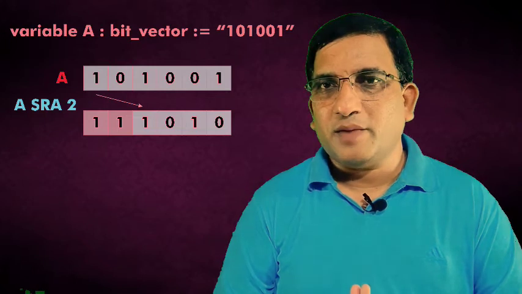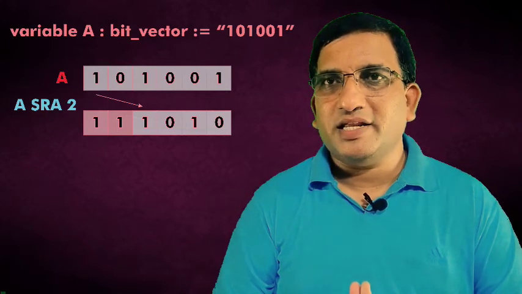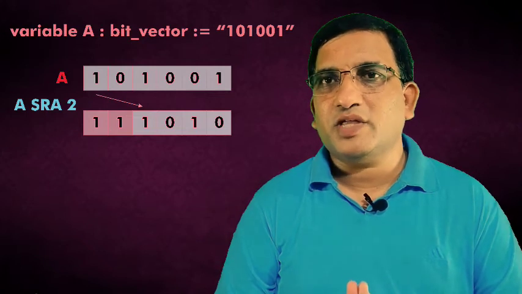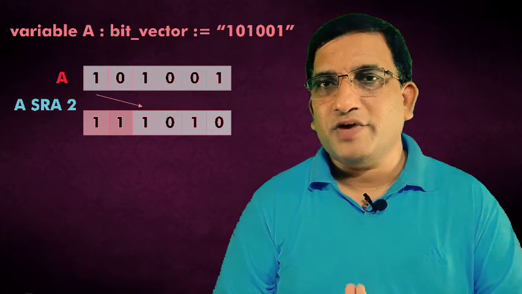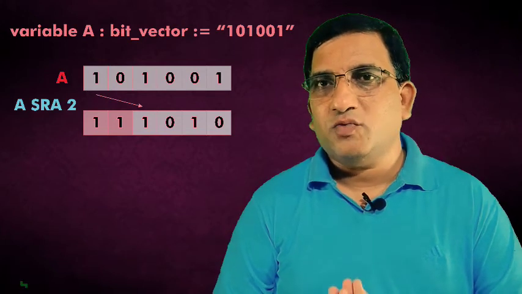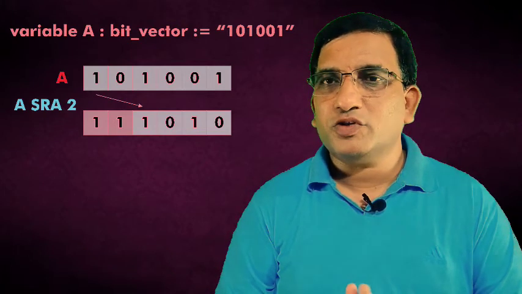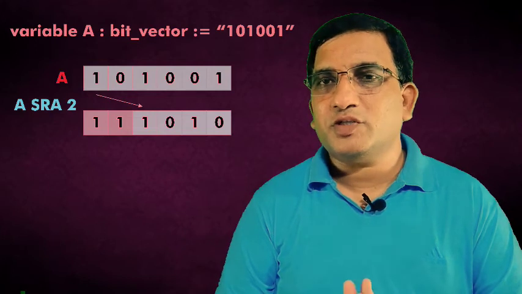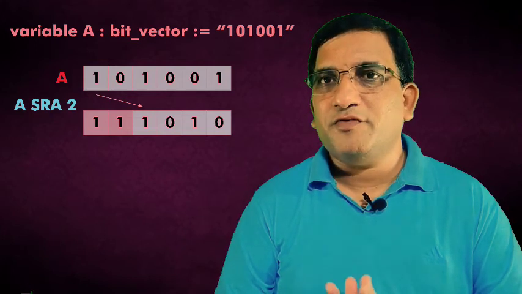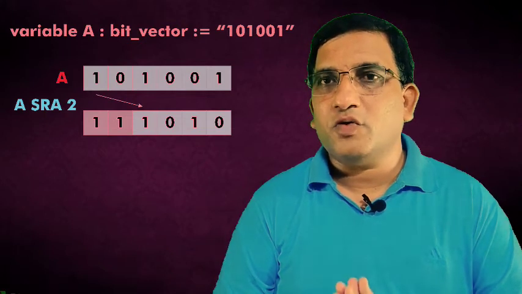When we apply this command, the data present in A will be shifted to the right by 2-bit positions arithmetically. When we shift to the right, the leftmost bit positions will become vacant. Now these leftmost bit positions will be filled with the leftmost bit of your original data present in A variable.